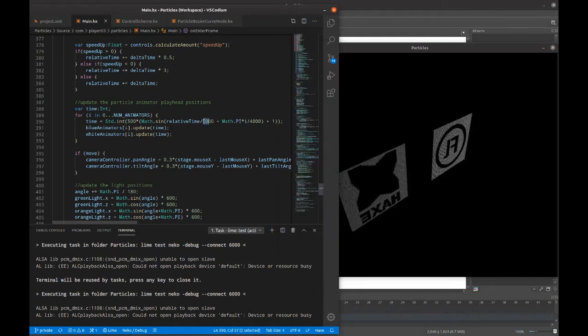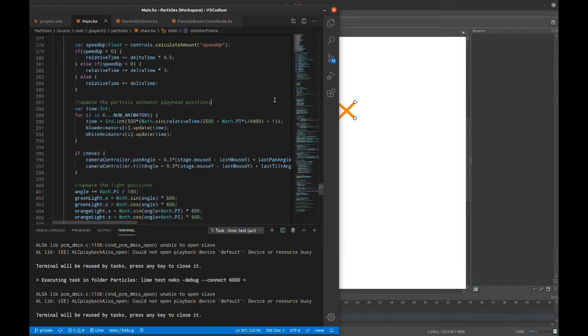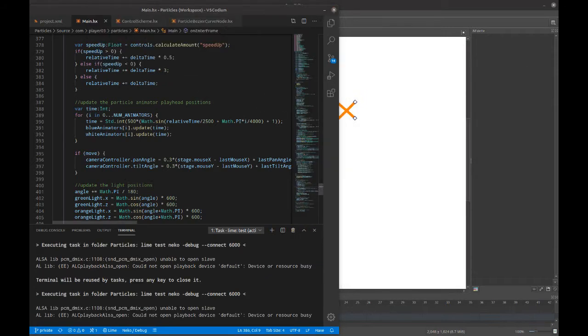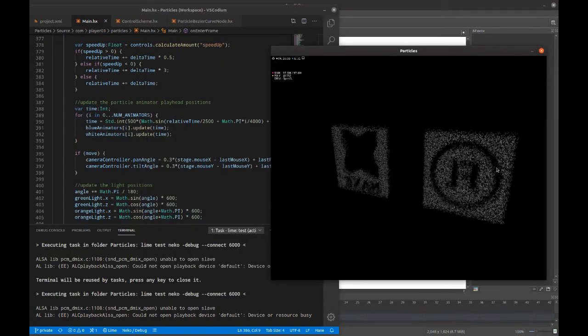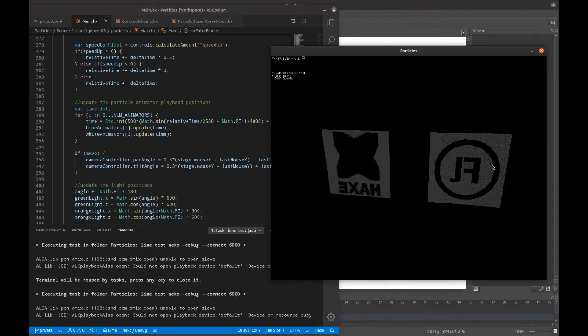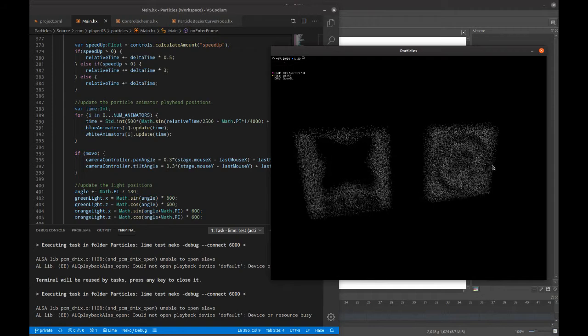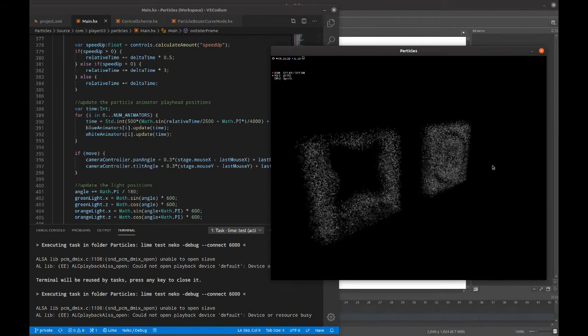If I edit the time function so that it does stop at the endpoint, then you'll be able to see that the start and end of the animation are just when it forms the image. So start of the animation, end of the animation, start point, end point, start point.